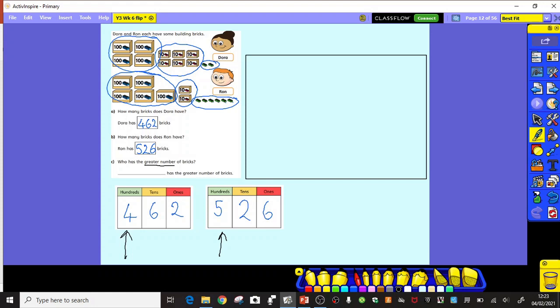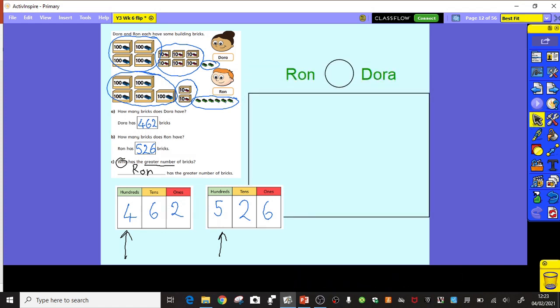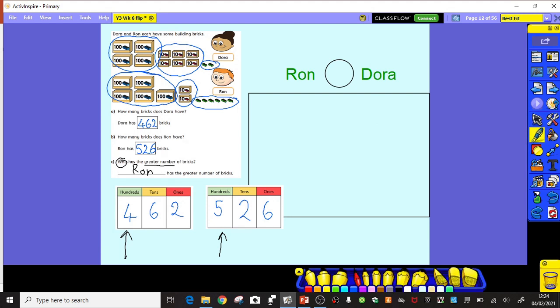Well, of course, it's the 526, isn't it? So the question's asking us who. We've already told it how many bricks, so we need to say that it's Ron who has the greater number of bricks.